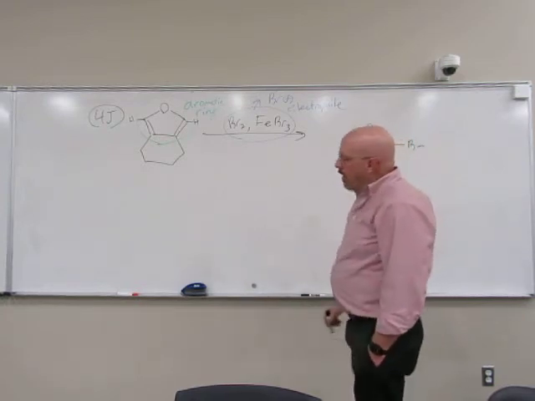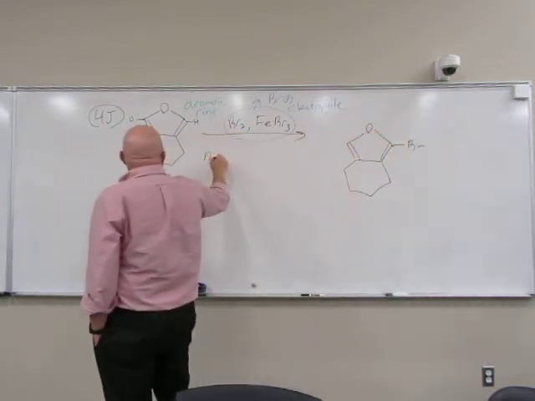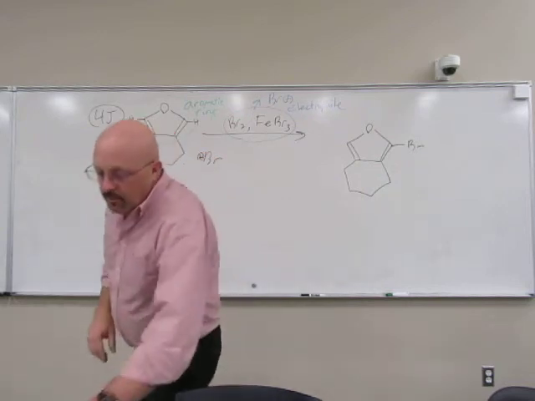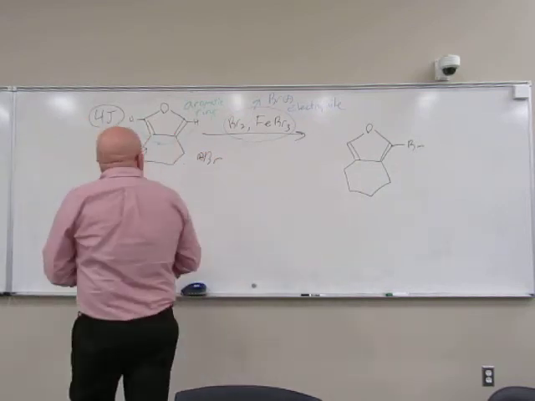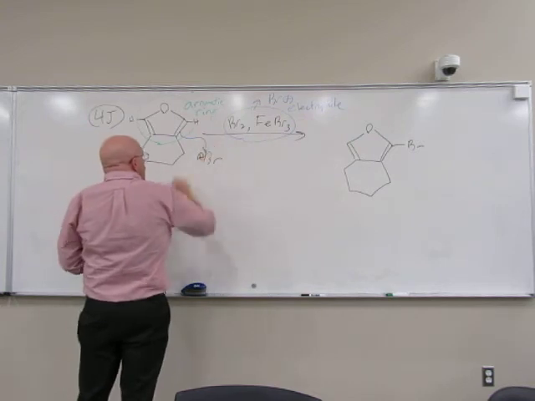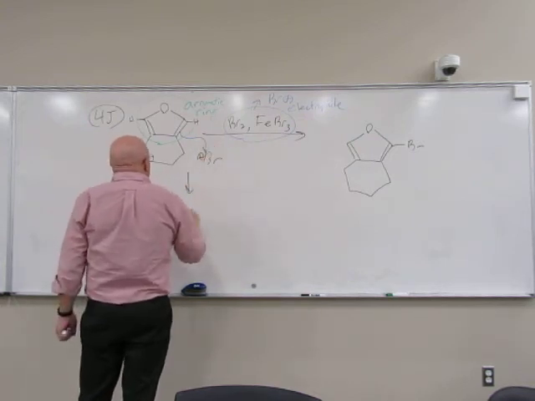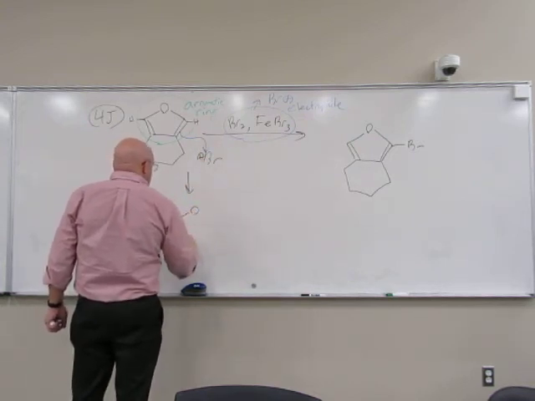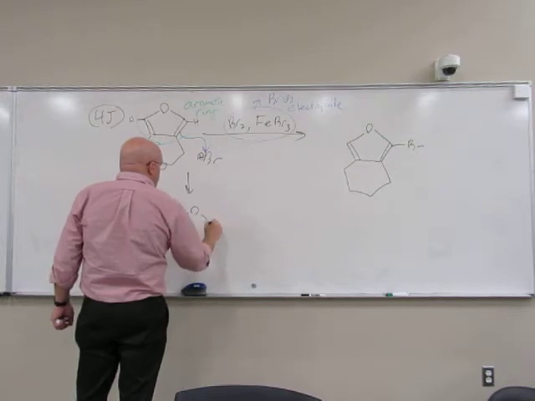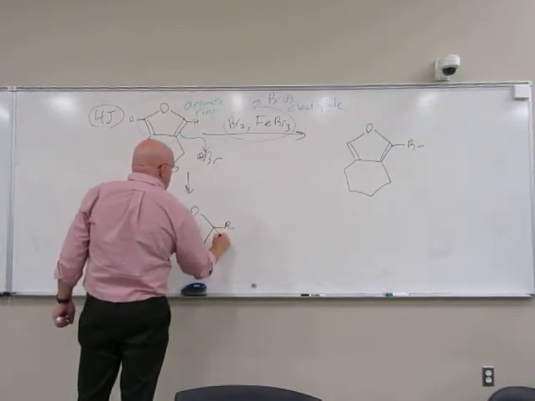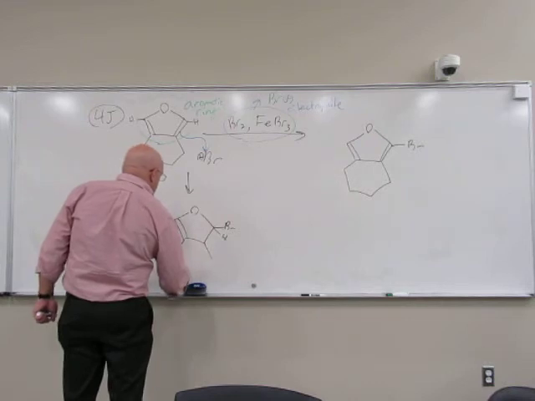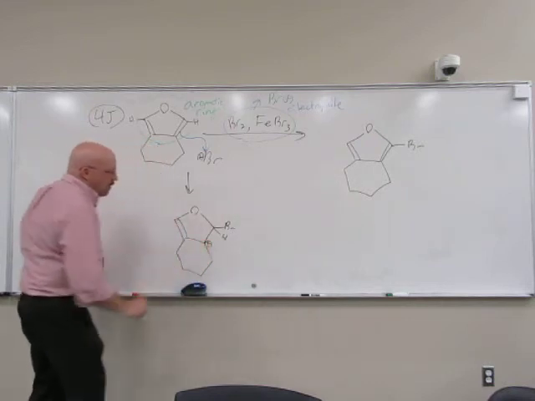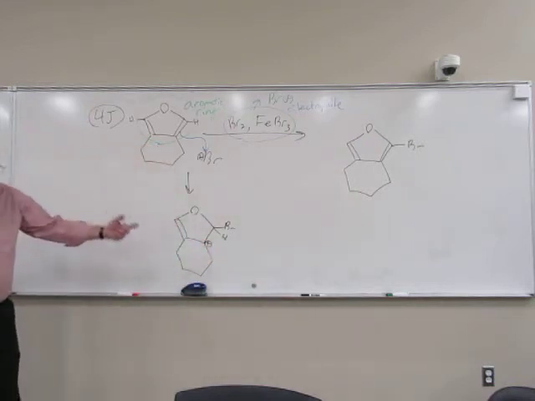So there's our product. It's the same mechanism as what we've done with the benzene ring. There's no difference in the mechanism. So we're going to take the double bond out, grab the cation. We want to get our aromatic ring back.